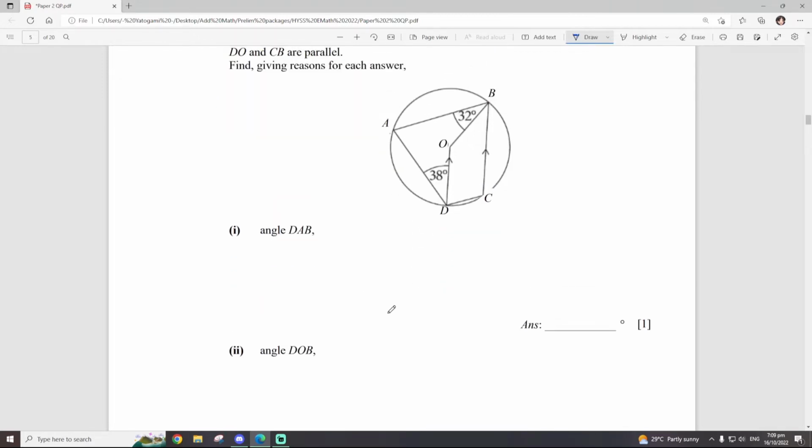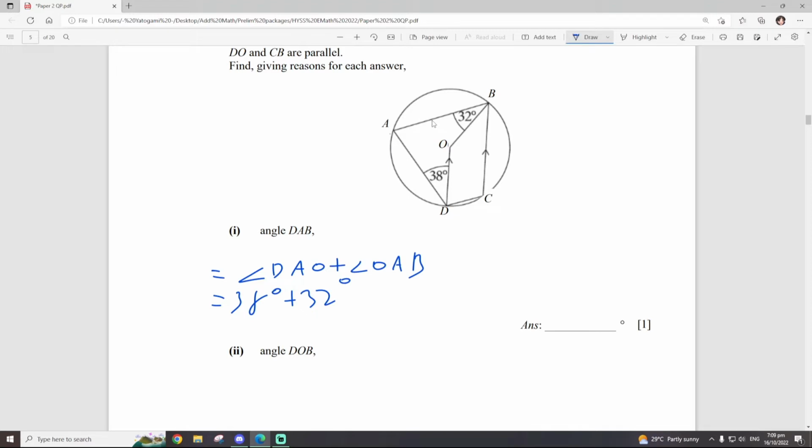DOB is quite obvious once you find what DAB is. Oh wait, I just realized angle DAB equals angle DAO plus angle OAB, which is equal to 38 degrees plus 32 degrees.